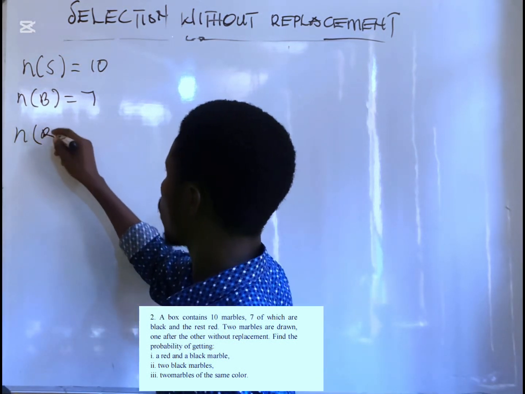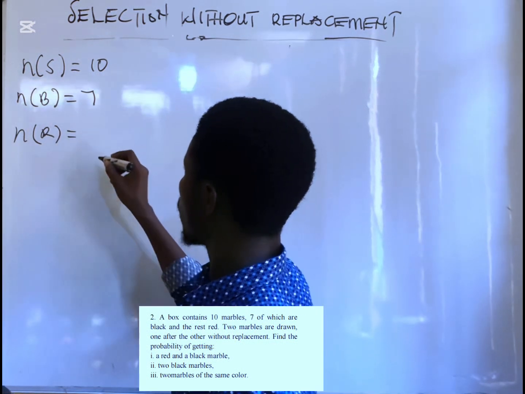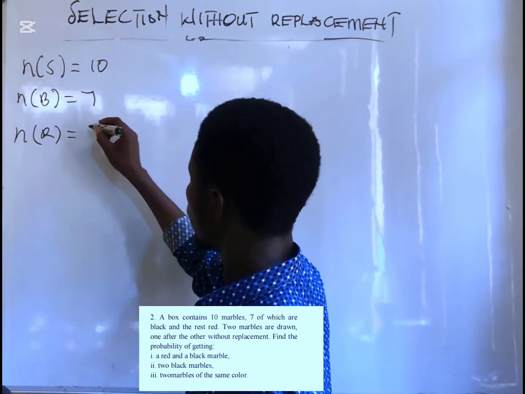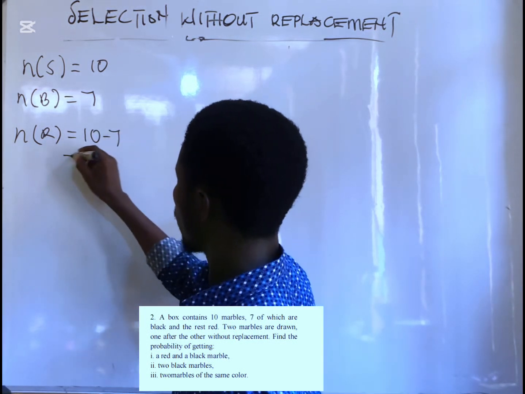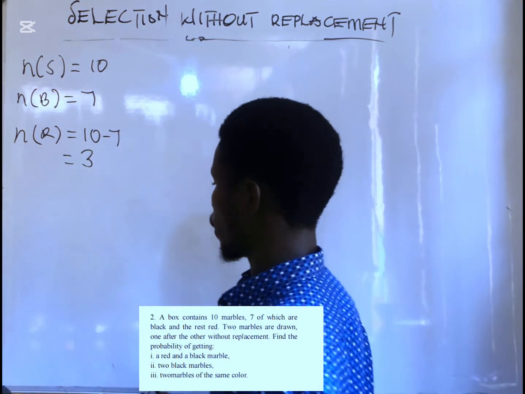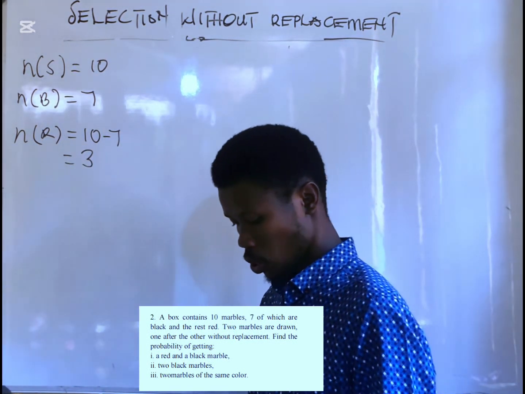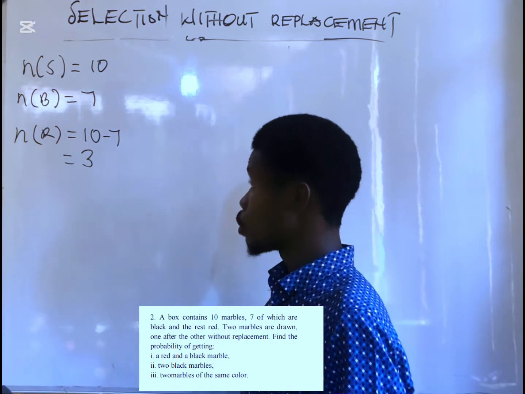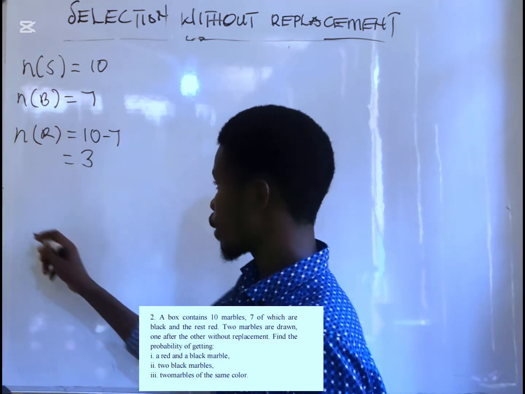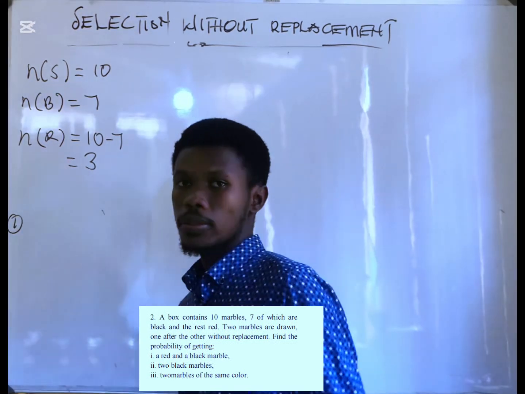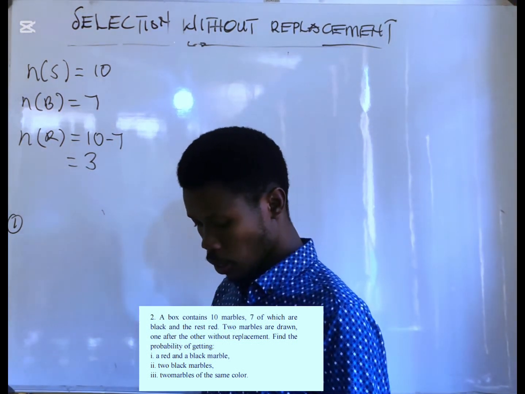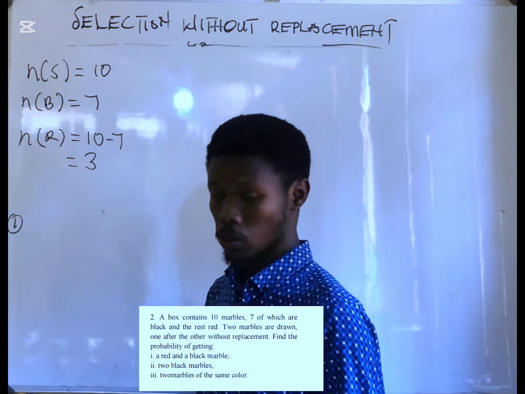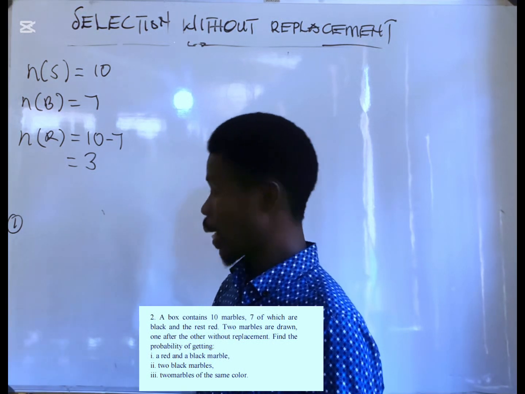So the number of red marbles is going to be 10 minus what? 7. And that will give us 3. Is that okay? Good. So since we know this, the question is saying find the probability of getting a red and a black marble. A red and a black.